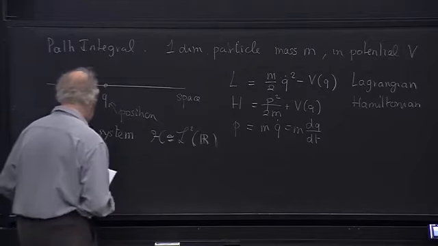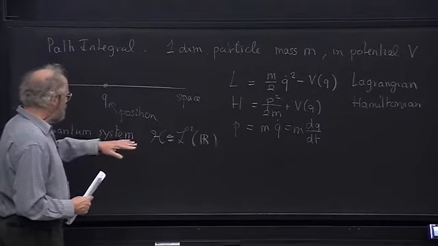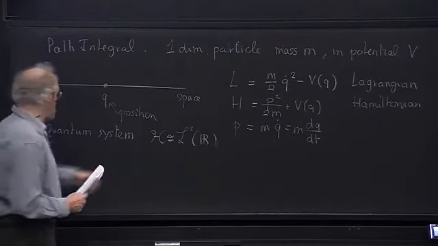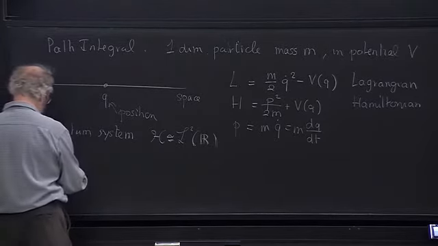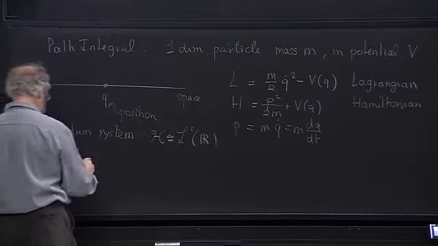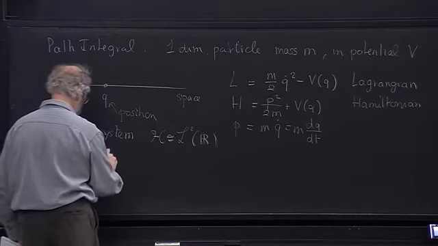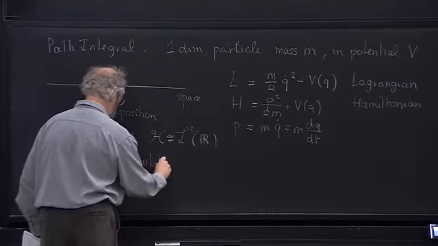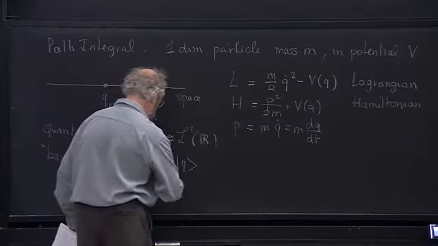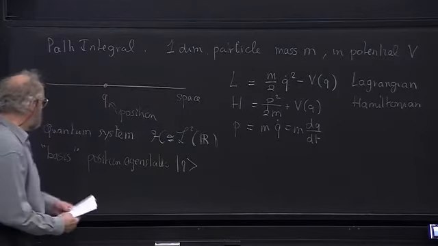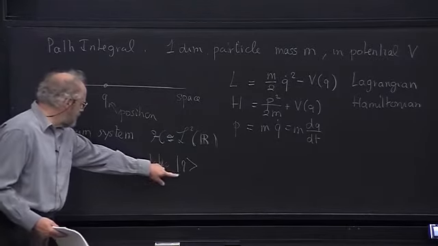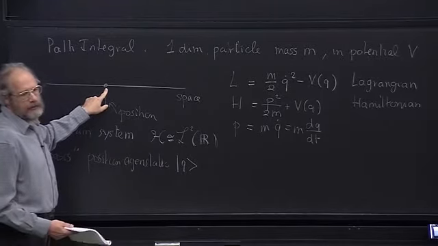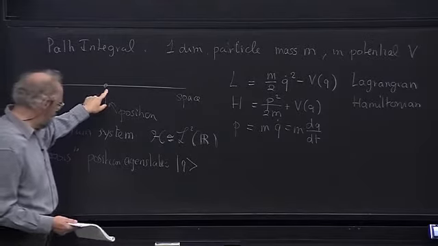I can give them, of course, but basically one way to represent a state is in terms of position states. So you have a basis, well, it's not exactly a basis, of position eigenstates, which I'm going to denote by |Q>, which means that you have a quantum mechanical particle localized at a given time at a given position. So its wave function is something like a delta function at Q.